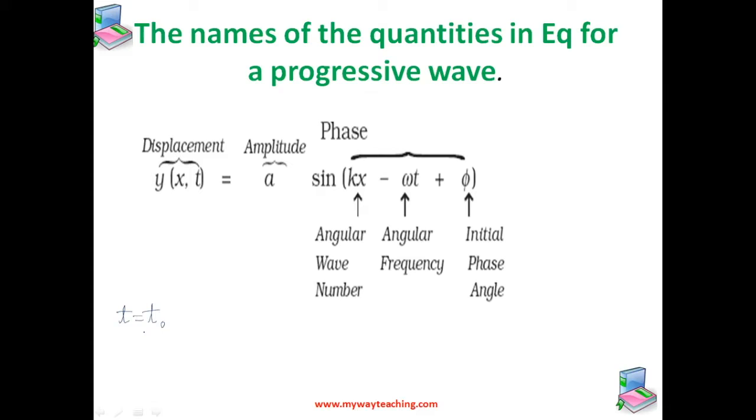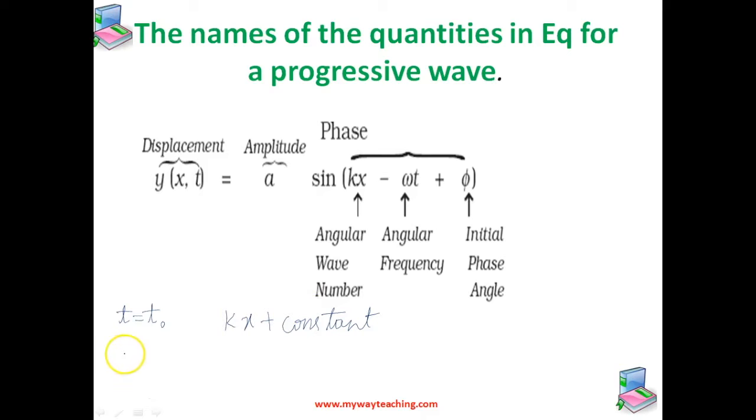Then the argument of the sine function in equation 1 is simply kx plus a constant, isn't it? Thus, the shape of the wave as a function of x is a sine wave.